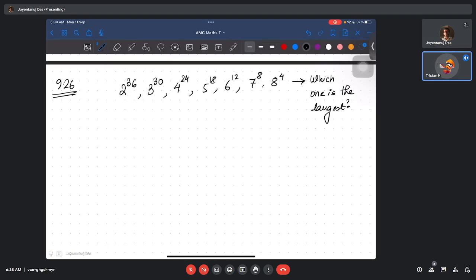So I decided to set all the powers to 12 to compare. So 2 power 36 turns into 8 power 12. 3 power 30 would be the square root of 3 to the power 5, all to the power of 12.